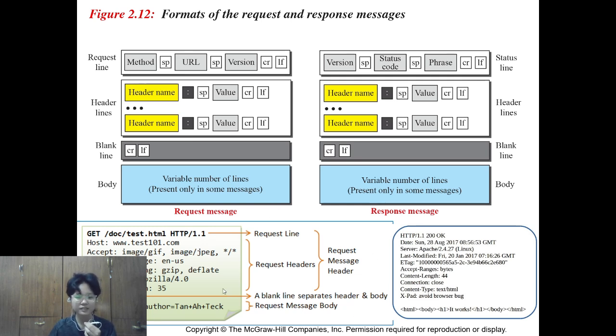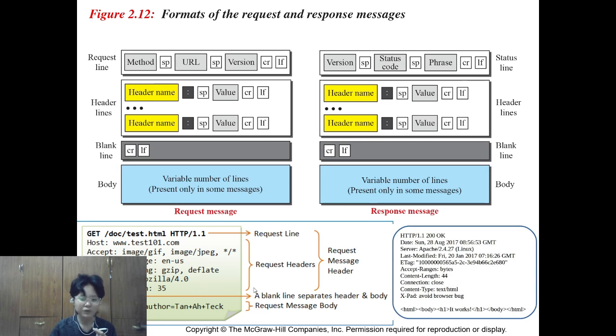And you can see under the picture we have a description about each line: GET /usr/bin/test.html HTTP/1.1 describes the request line, and you can see this one has a host, has an accept, has a user agent, has a content.